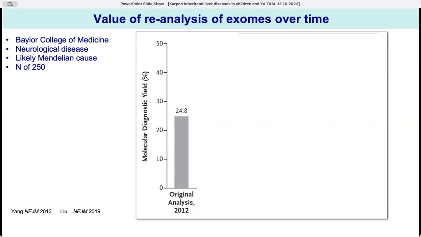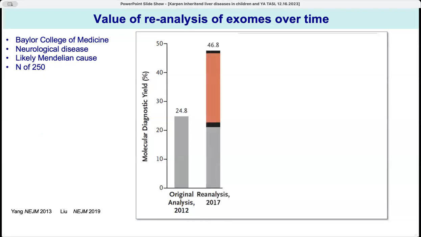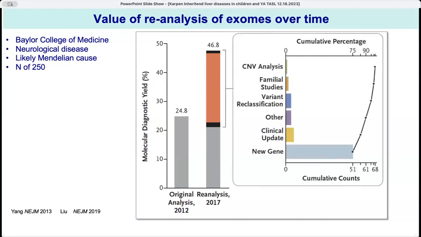They didn't do any more testing of the patients. They just did reanalysis of the exome sequence data from 2012. And in reanalysis in 2017, in a paper that was published in the New England Journal in 2019, they nearly doubled the diagnostic rate. And why?